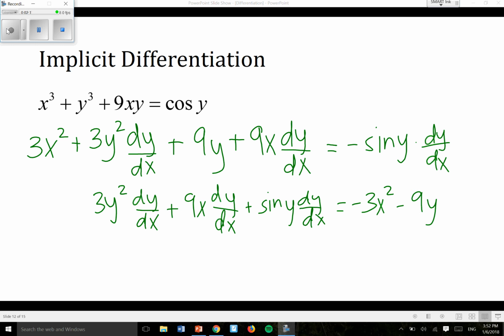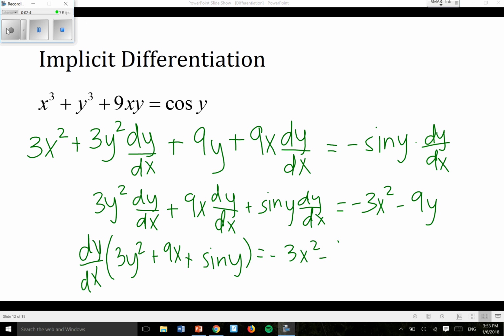Then I can factor out a dy/dx out of every term on the left. And then, actually, I will do that in 2 steps. So dy/dx, I'm left with 3y squared plus 9x plus sine y equals negative 3x squared minus 9y.